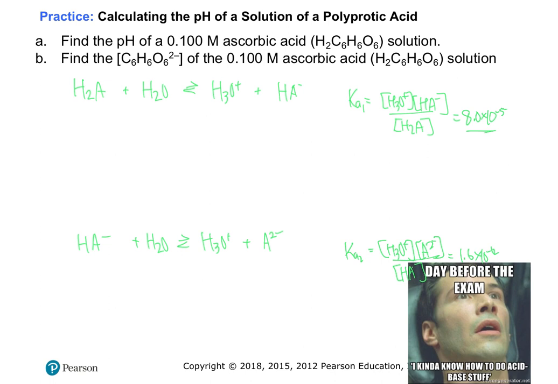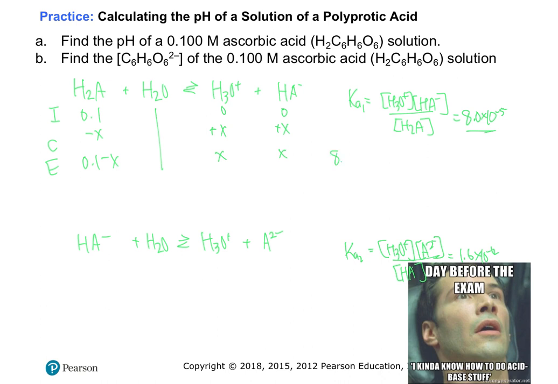So we're just going to go all the way. I have initially 0.1 molar of ascorbic acid, no products. So I'm going to go minus X, plus X. So 0.1 minus X. Now we know that Ka is pretty small, 10 to the negative 5 compared to that initial amount, so I'm going to make the approximation.